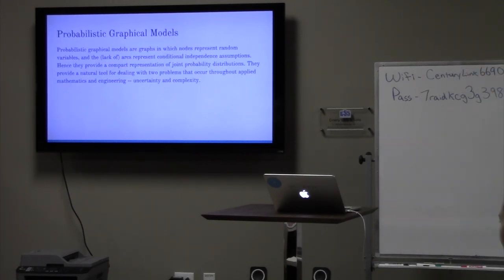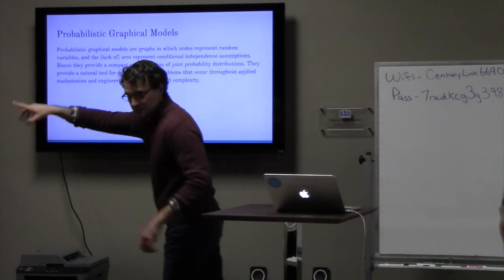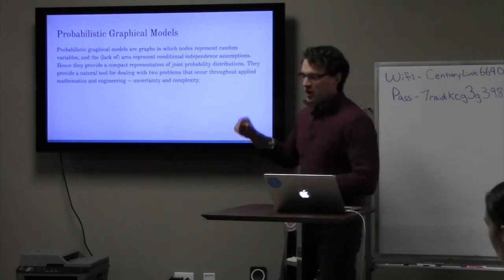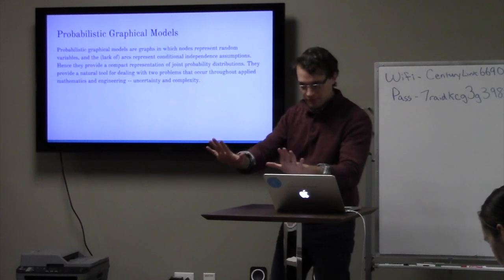This is not to say that you necessarily have to have objects in your code that are nodes and edges that go between them, but that this is a good way to think about a problem and decompose it. So probabilistic graphical models are graphs, sets of circles and lines between them, in which nodes represent random variables or things that you can assign reasonable probabilities to. We're going to see an example, so just bear with me.